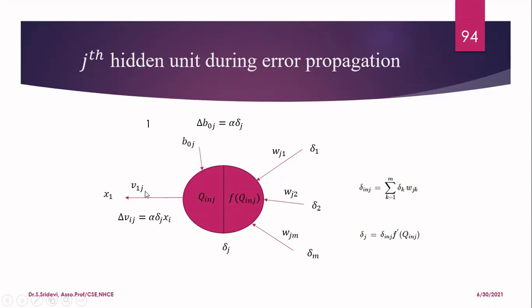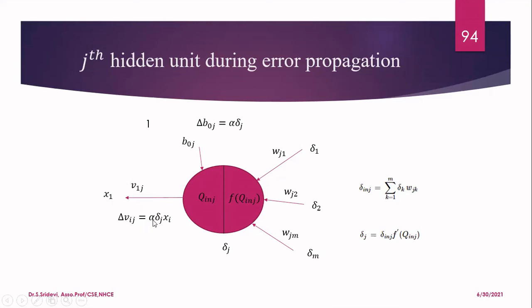Similarly, you are going to change the weight also. Every hidden layer neuron is receiving its input from the input layer, X1. That input is associated with the weight value V1J. Now you have to compute delta V1J, which is the change in this particular weight value.